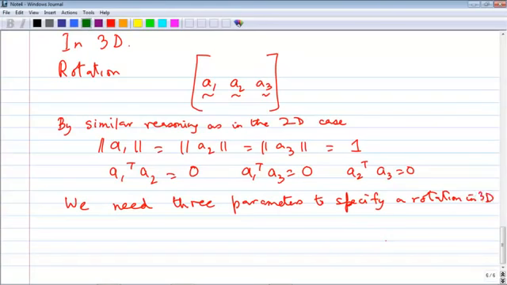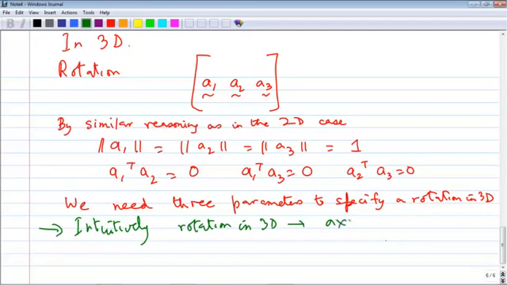So let's see if we can convince ourselves of that. How do we think about this intuitively? And we'll think about it algebraically as well. Intuitively, how will you specify a rotation in 3D? We need to specify an axis about which the rotation takes place, and then we need to specify an amount of rotation.